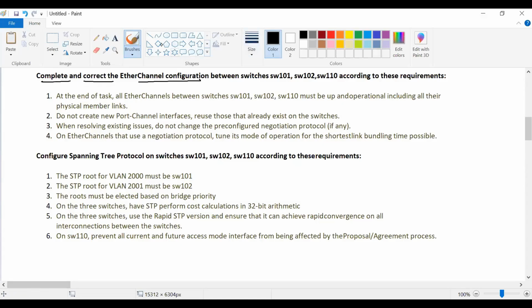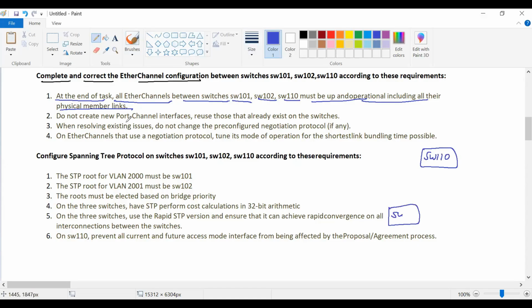As per the question, what we have to achieve at the end of the task: all EtherChannels between switch 101, 102, and 110 must be up and operational, including all their physical member links. This is your switch 110, this is your switch 101, and this is your switch 102. As you can see in the picture, we have two ports here and two ports here.